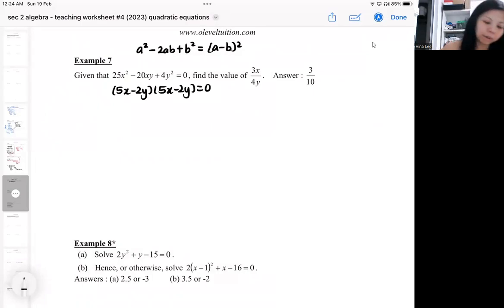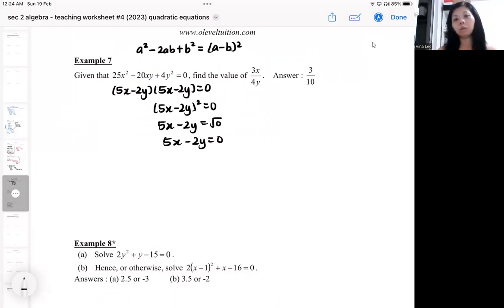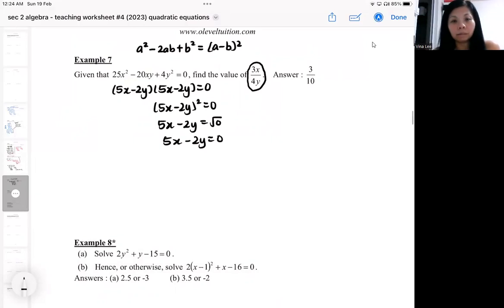And since both brackets are the same, you end up with something like this. This one is actually a Sec 1 question, so some of you may forget how to do such a thing.